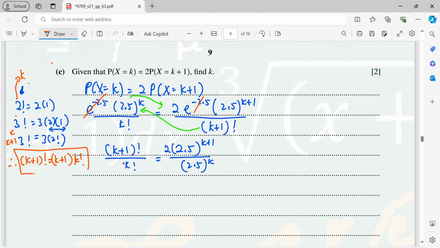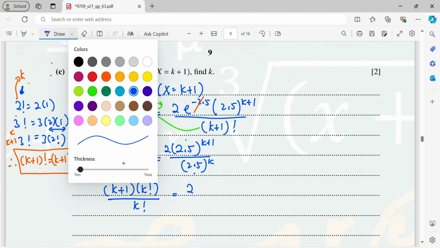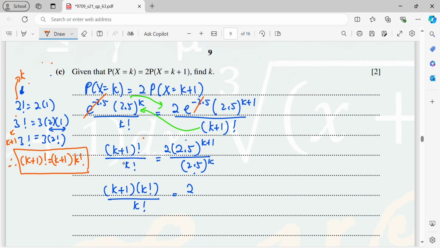This is for me to simplify the left-hand side. So I will write k plus 1 factorial is basically k plus 1 times k factorial, over k factorial, and then there is a 2 there. Now you have the same base and division. From pure mathematics, a to the power m over a to the power n is a to the power m minus n.